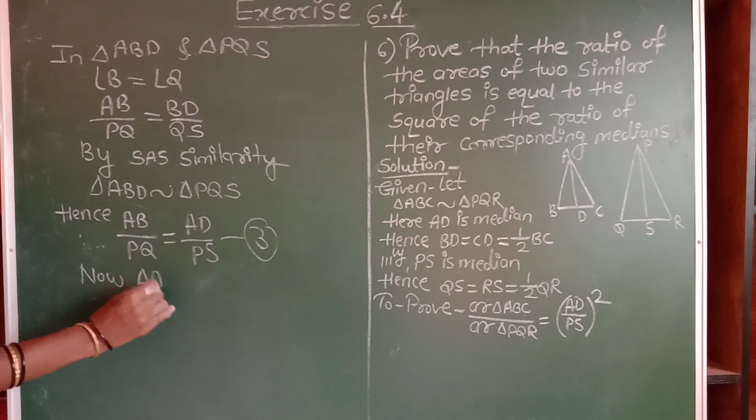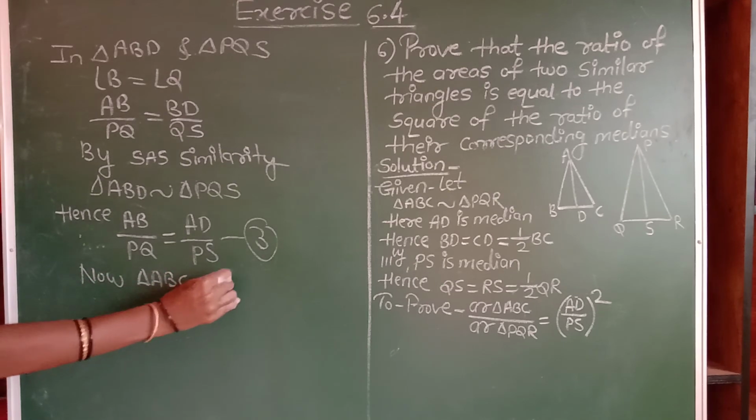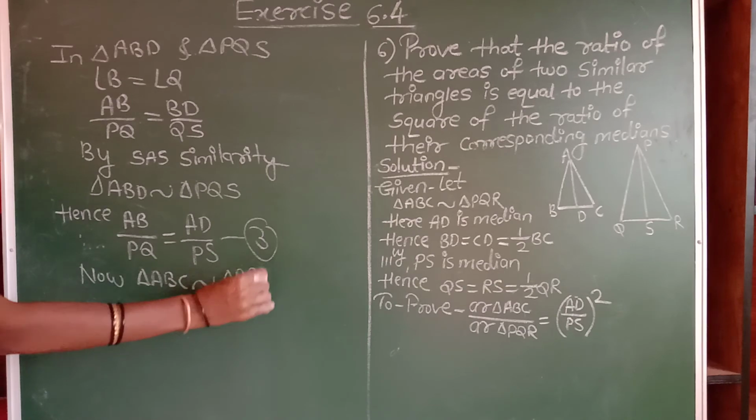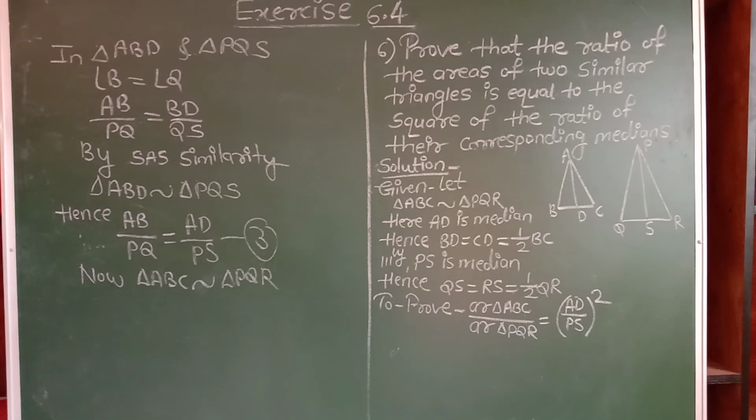Now, triangle ABC is similar to triangle PQR. We know that if two triangles are similar, the ratio of their areas is always equal to the square of the ratio of their corresponding sides.